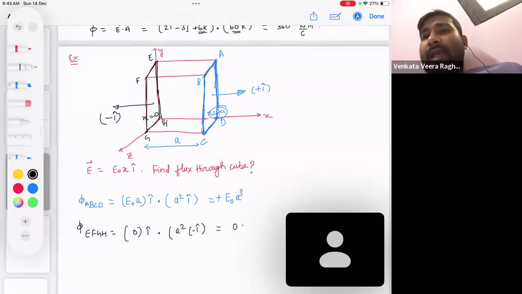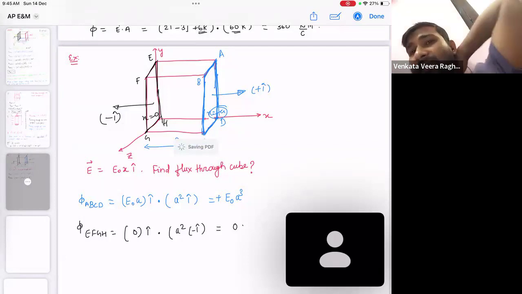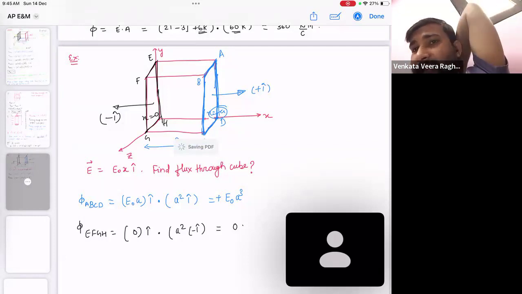And what about the flux through the other four faces? Is the flux through the other four faces of this cube 0? Why? Because on the other four faces the electric field and area vector are always in perpendicular directions, since the electric field is always in the i cap.